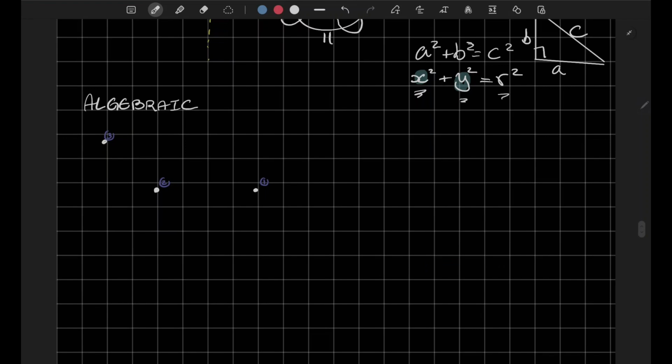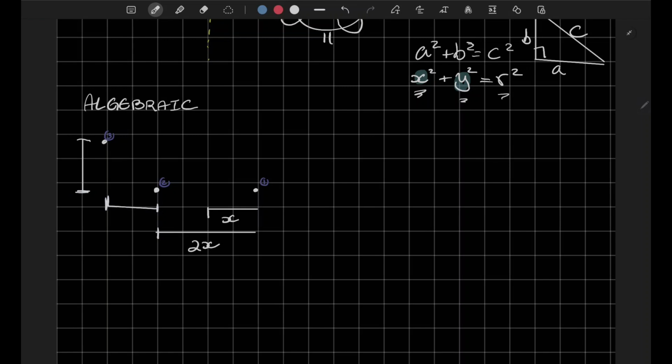So for this, we're going to have a very similar start point. We see we have some distance x, total distance 2x, but now let's say some distance between 2 and 3.